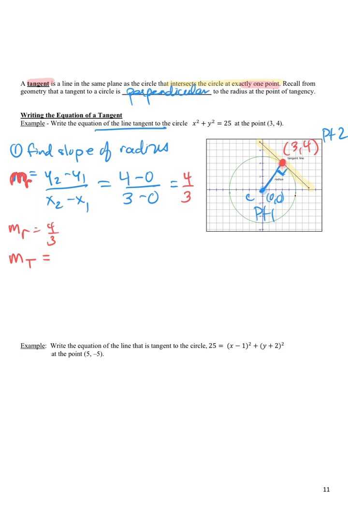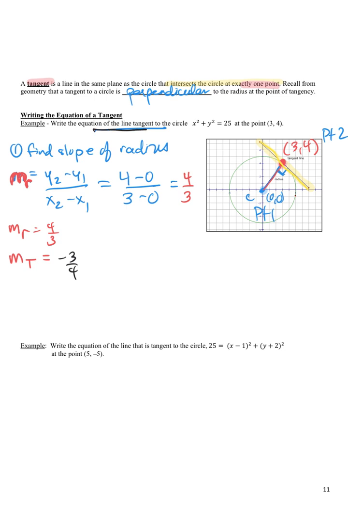Negative reciprocal. That is absolutely correct. So while the slope of the radius is 4/3, the slope of the tangent line is negative 3/4. Connor, do you see that? Okay. So I now have the slope of the tangent line.